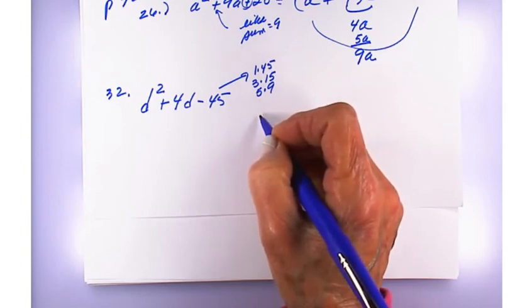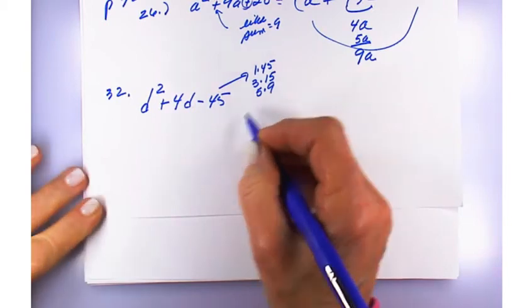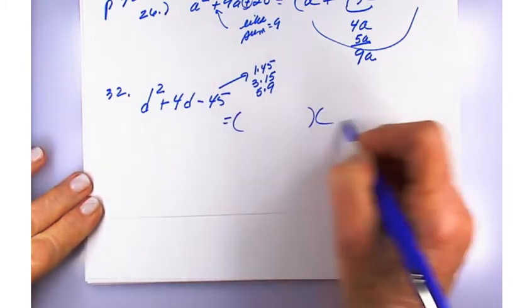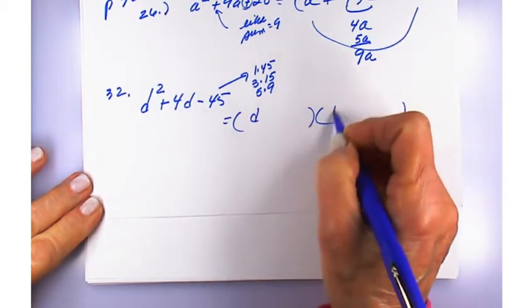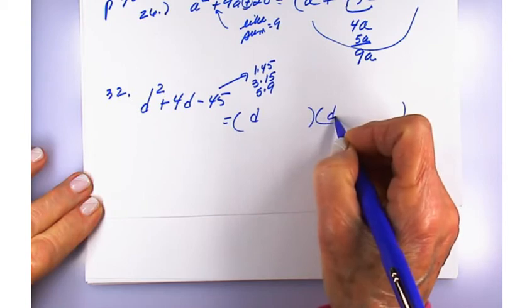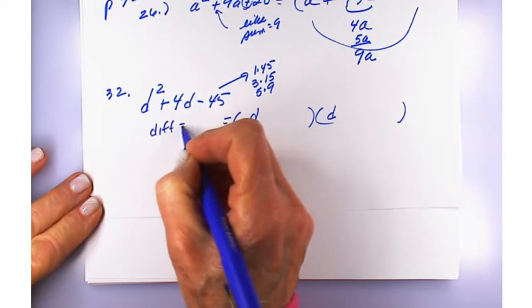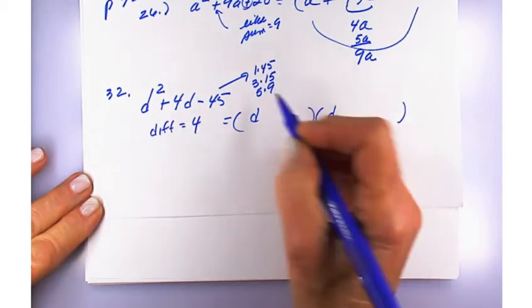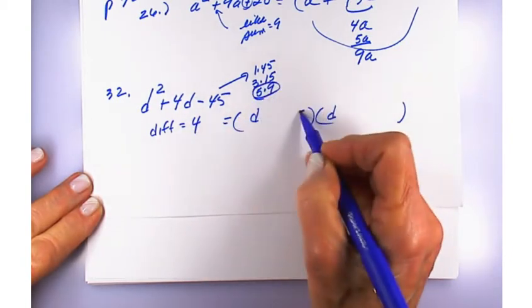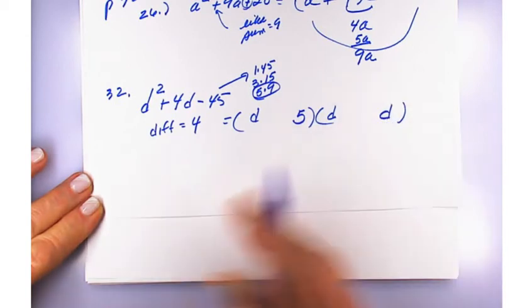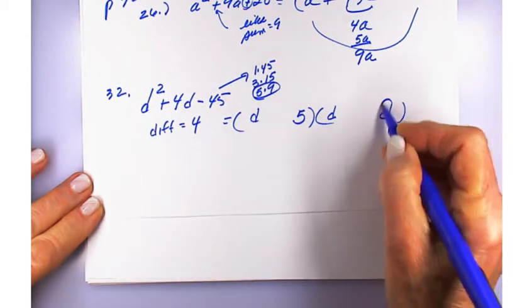Okay? So we're looking at 2 scoops, D and D. I want a difference equal to 4. So 9 and 5 will do the trick.